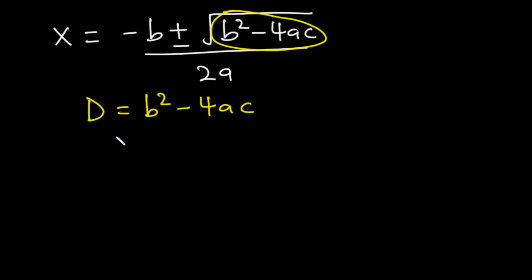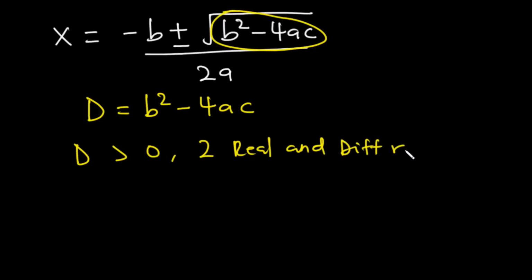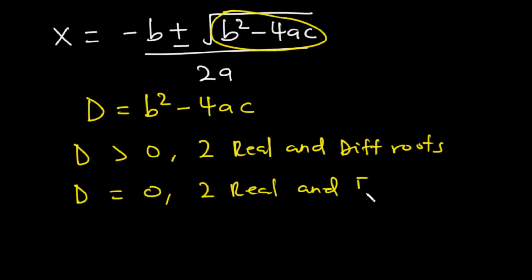Now, whenever the discriminant is greater than 0, the equation will have two real and different roots, or better still, two distinct roots. And if the discriminant is equal to 0, the equation will have two real and equal roots.